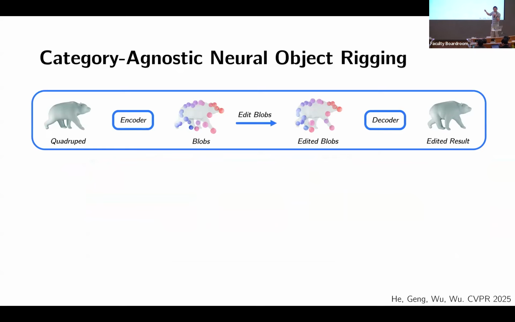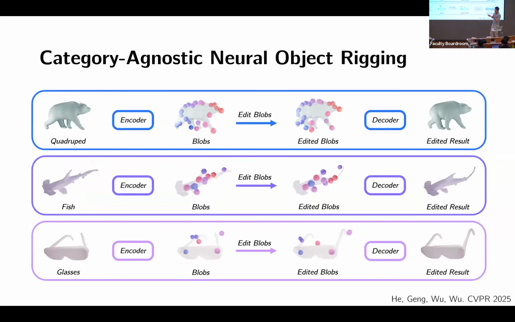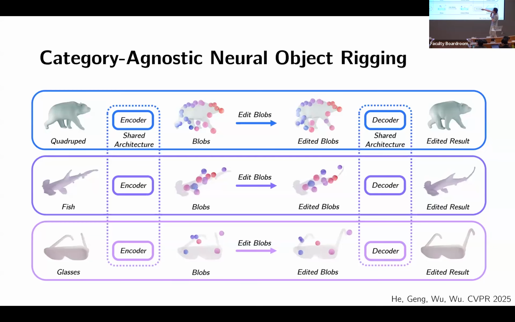Again, in a mostly self-supervised way, by reconstructing the objects in different poses. And we can have a shared architecture, category agnostic. You can go from unannotated object shapes to discover the skeletal structures and editable blobs. You can move the blobs, and you can see the objects now moving to different configurations.